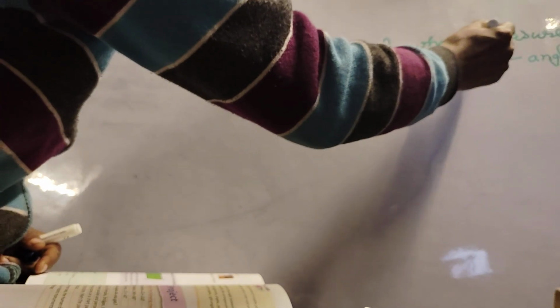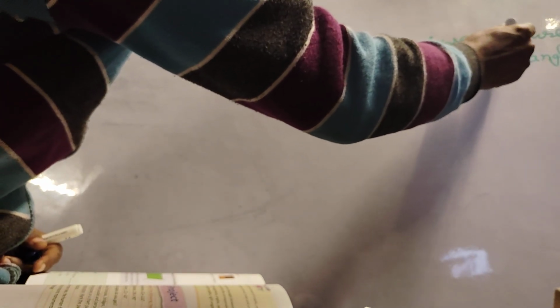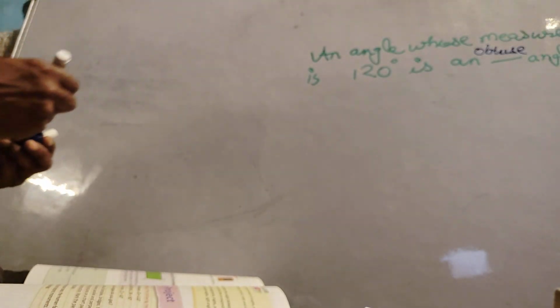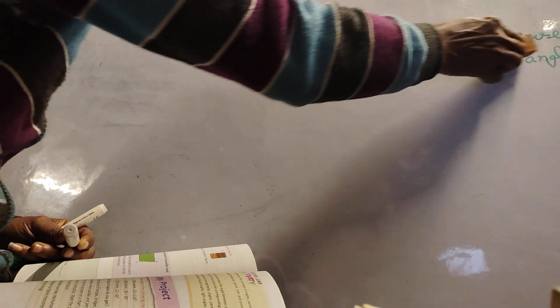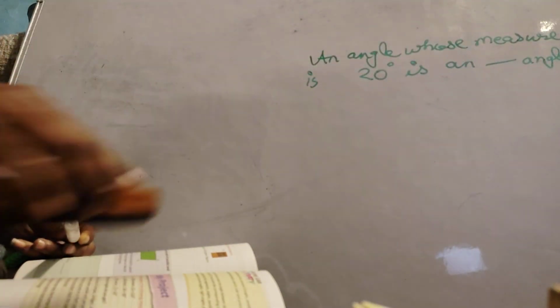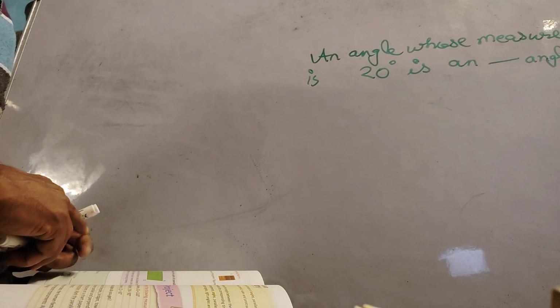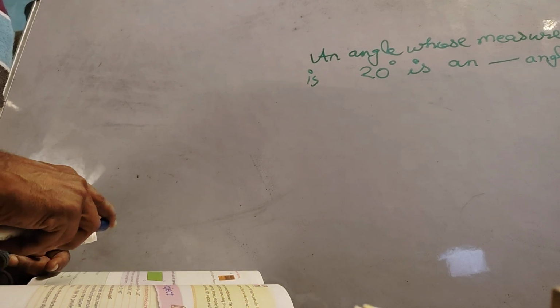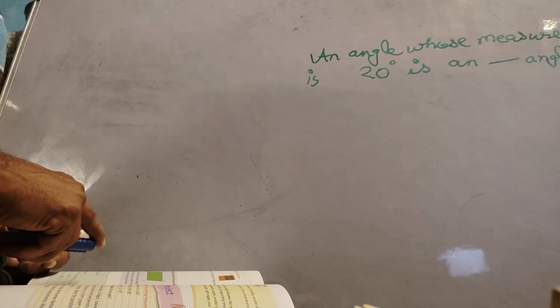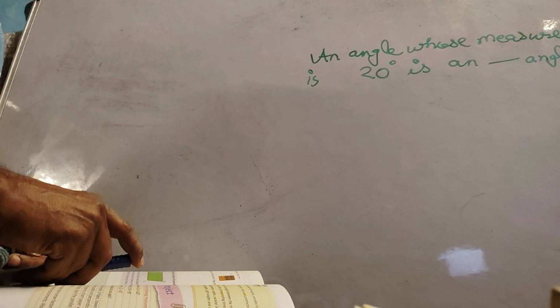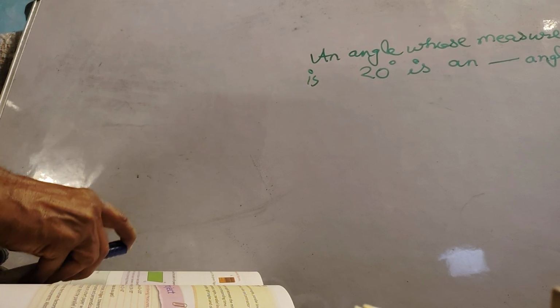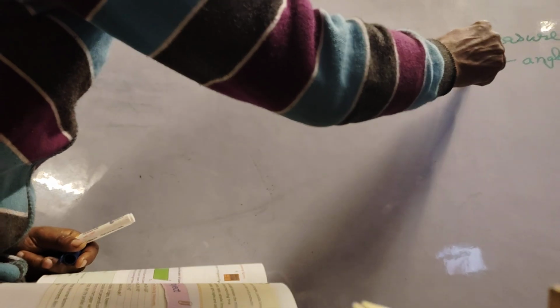So it is greater than 90, and lesser than 180 degrees is considered an obtuse angle. And instead of 120 degrees, if the value is only 20 degrees, then what does it become? An angle whose measure is 20 degrees is an acute angle. Correct. In that case it is lesser than 90, so it is an acute angle.